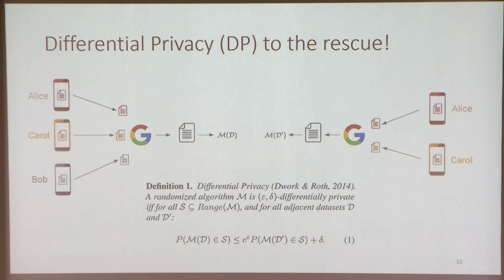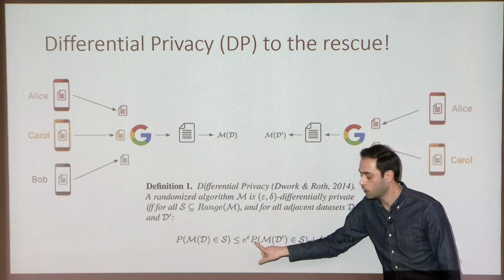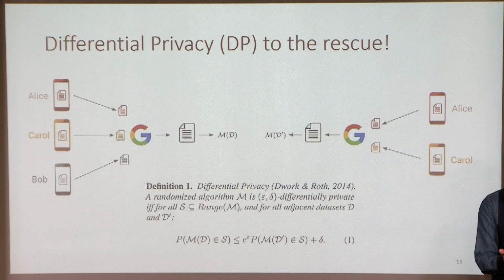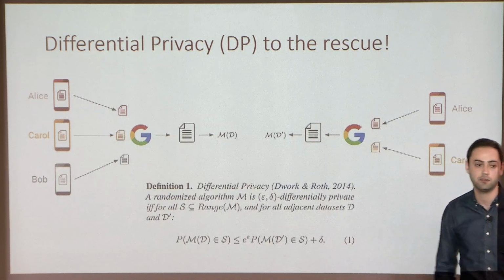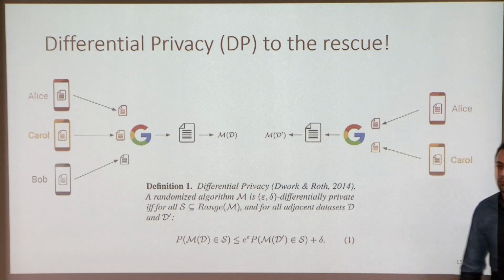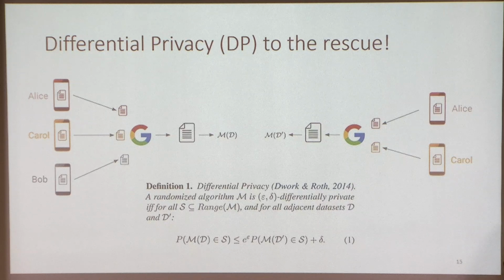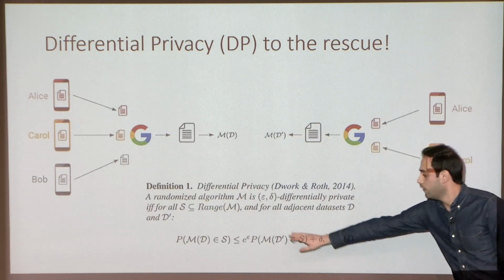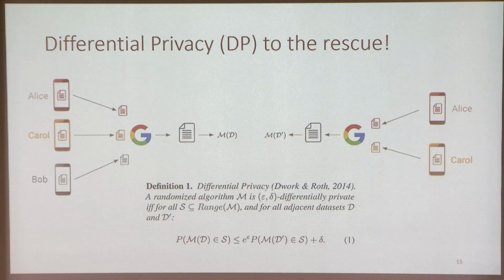It's saying that the distributions of M on D and D prime, on neighboring data sets, should be multiplicatively close. There's this epsilon that describes the multiplicative closeness, and then additively also close, and delta is the parameter that describes that. Just for the sake of completeness, we think of delta as something like 1 over a polynomial in the size of the set that we're using in the training process, and we think of epsilon as something like single digit.